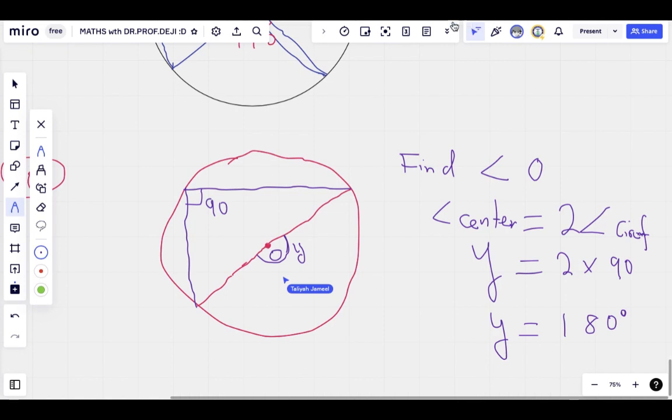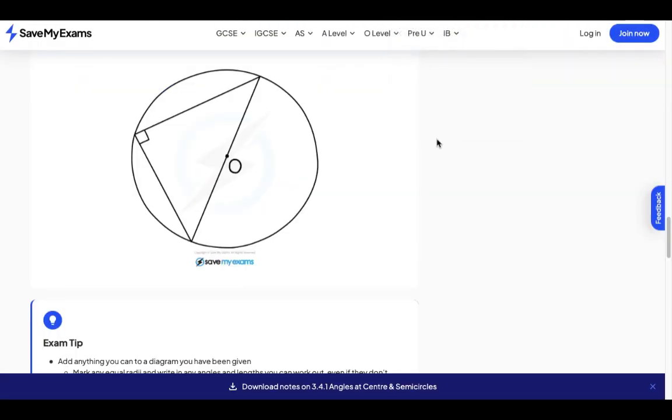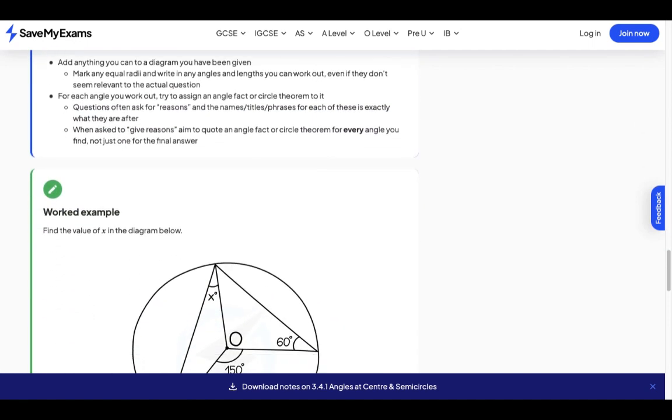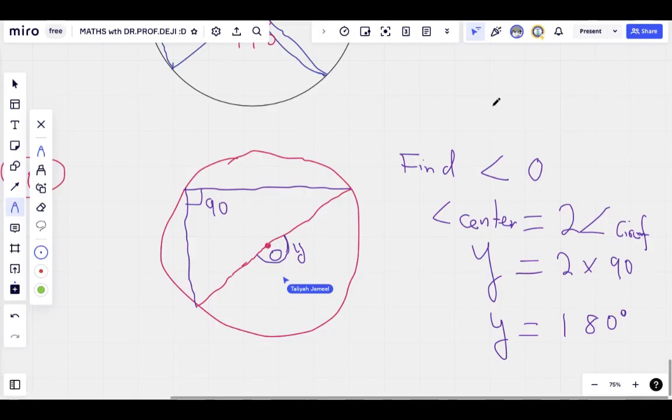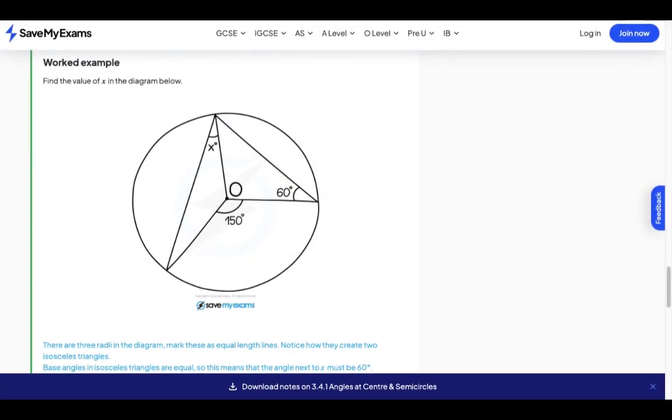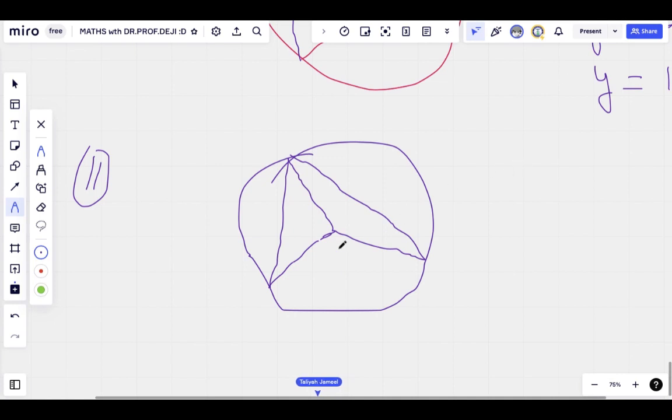Let's find another application for angle at the center equal to twice the angle at the circumference. They give us a question like this, and then they ask us to find probably angle x. Okay, so let's draw this. Question 11. Sorry, I was trying to plug the computer.